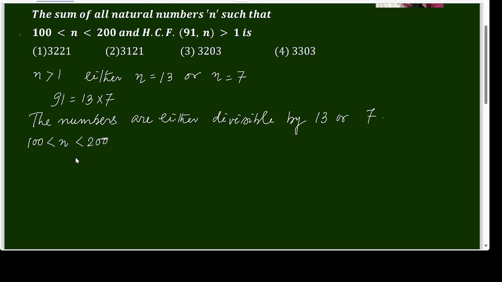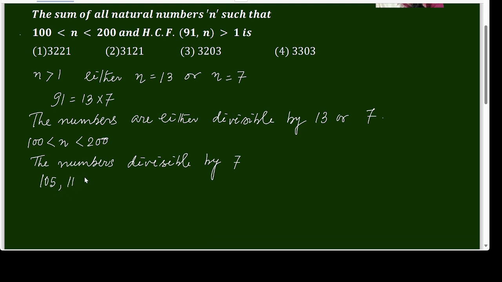So first we'll take the sum of the numbers divisible by 7. After 100, the first number is 105, which is divisible by 7.